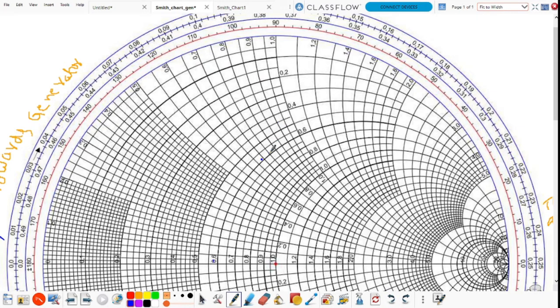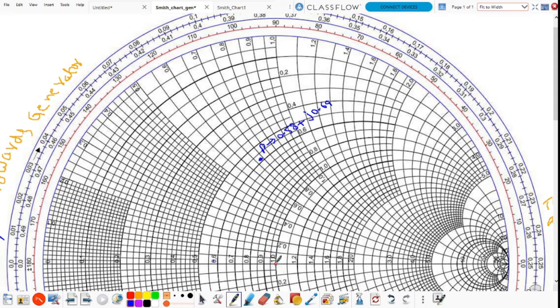And this intersection point is considered as point P. So point P is 0.58 plus j0.69, that is the normalized load impedance.